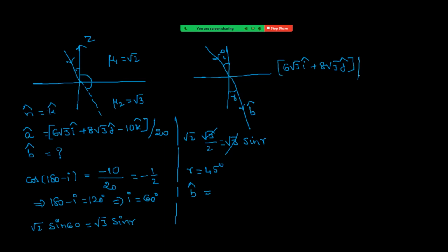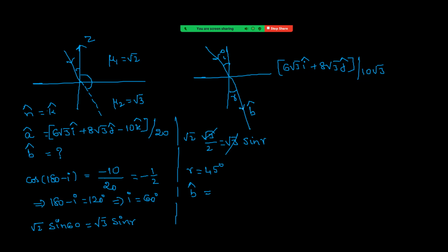See how much, the modulus value is 10 root 3. Let me cross check once. This is now 36, this is 64, 100, and this is 300. Root of that is now 10 root 3. This is now the unit vector along this plane, okay, along the xy plane, right?